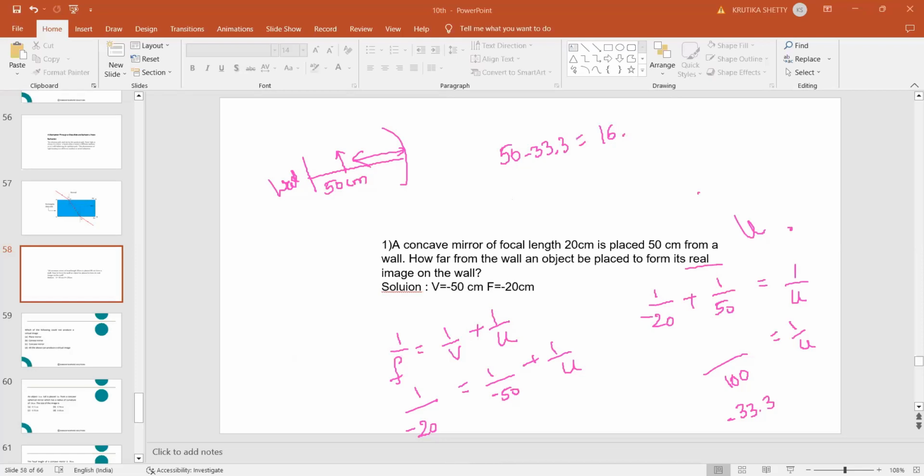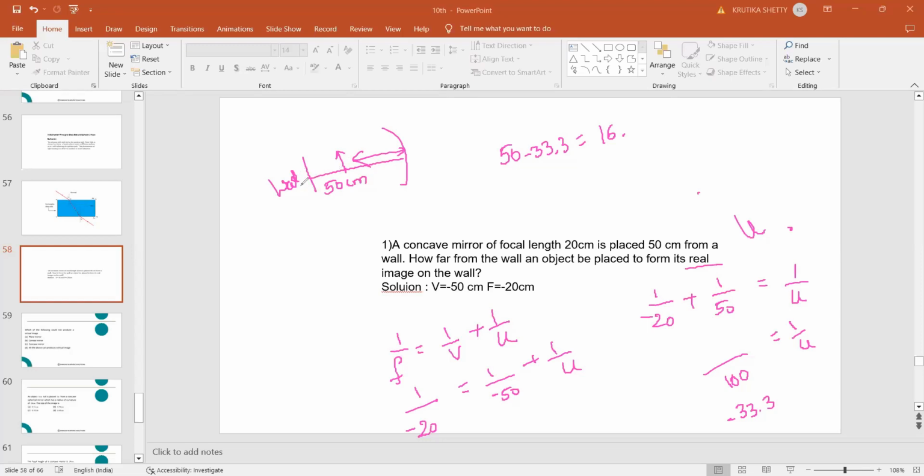16.7 you will get. Understood why we have subtracted again? Because the distance is not given from the object or from the image, it is given from the wall.